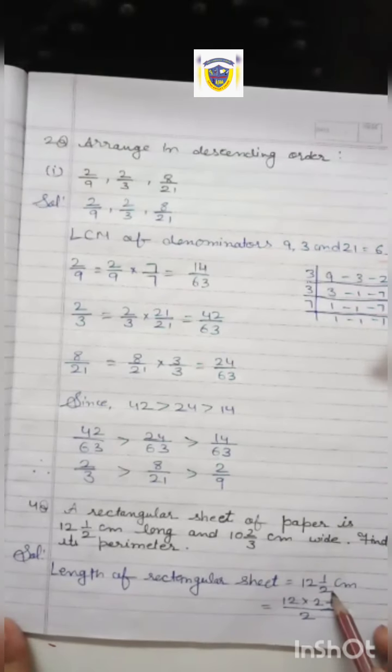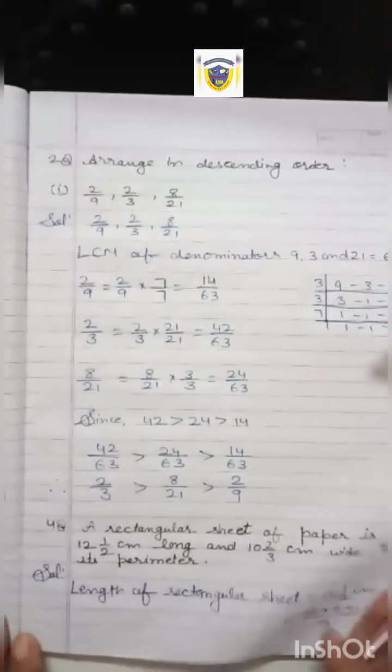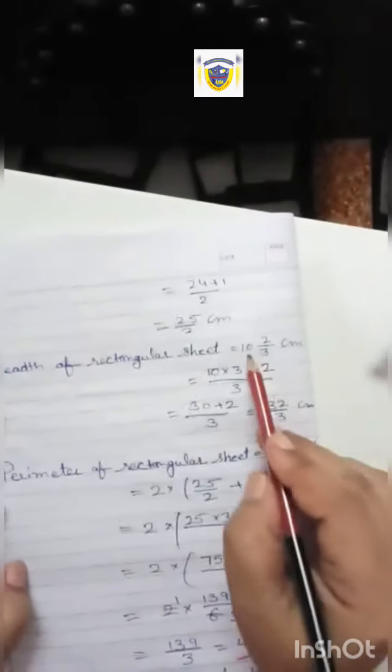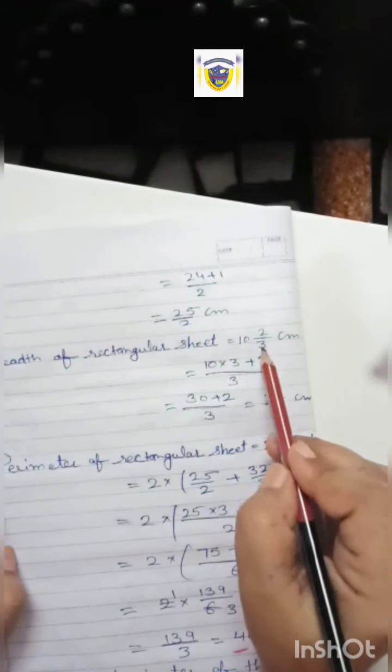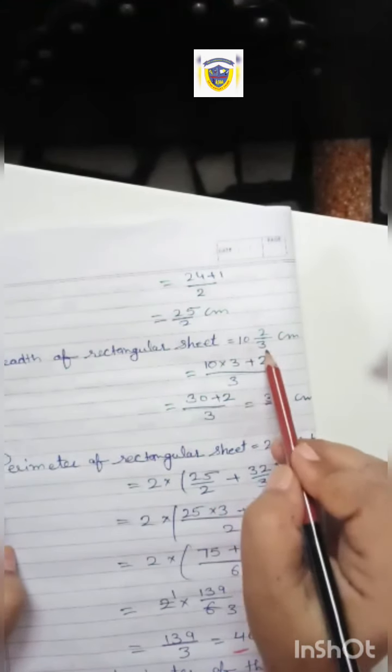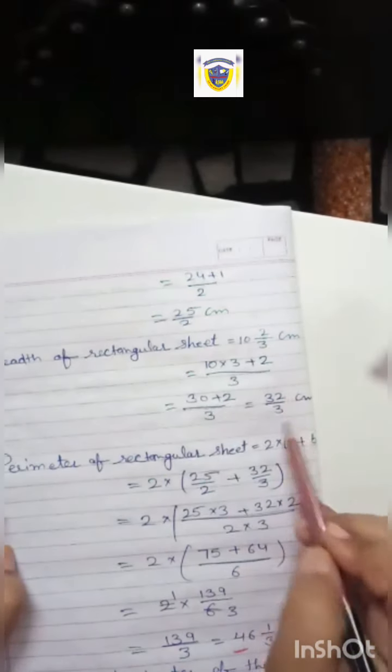First of all, I will solve this mixed fraction. 12 multiply 2 is 24. 24 plus 1 is 25. So the length of the rectangular sheet is 25 upon 2 and the breadth is 10 2 by 3. To solve the mixed fraction, I multiply 10 into 3 plus 2, it's 30 plus 2 is 32 upon 3.